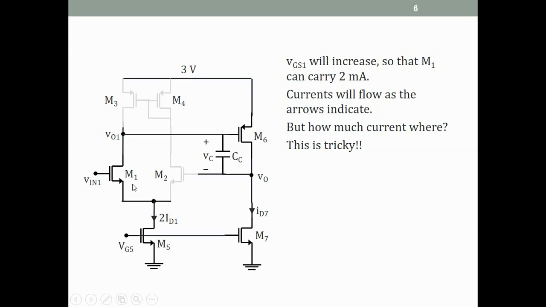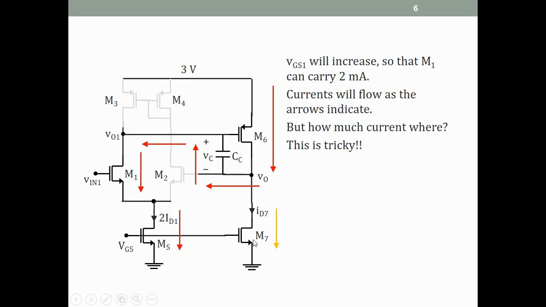So 2 milliamps will flow through M1 down. Let me put the arrows. There's 2 milliamps flowing here, and that has to flow this way, it has no other place to flow. So that flows up through the capacitor, so the capacitor is discharging. That current has to come from here, and that current has to come from M6. So this is the current path.